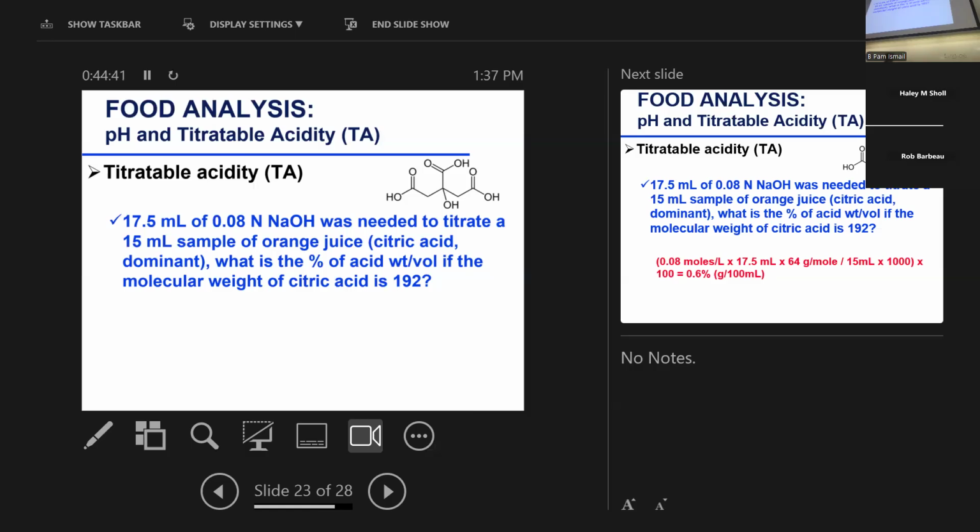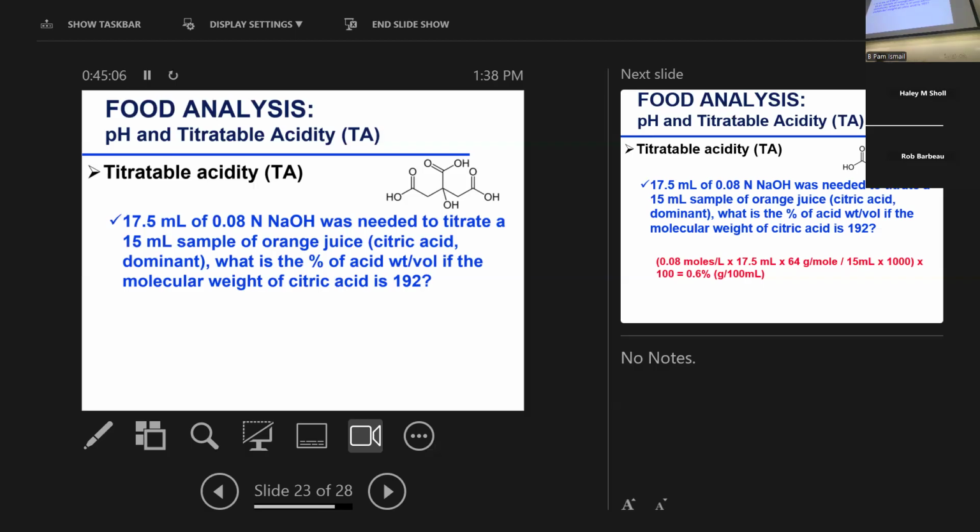And then, because it's in percent volume, you can have the volume or the weight of the sample, but this is going to be the volume of your sample, 15 milliliter of sample. And then you have the equivalent weight, and then you multiply by 100.